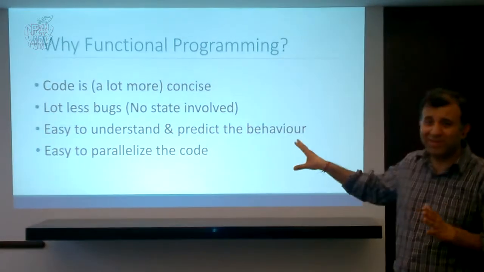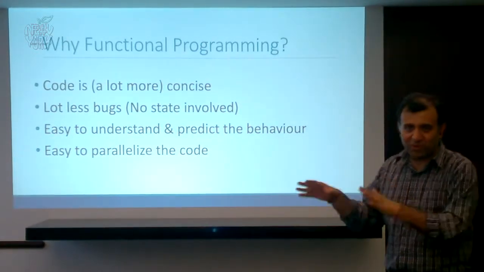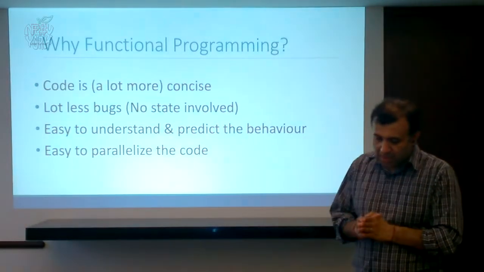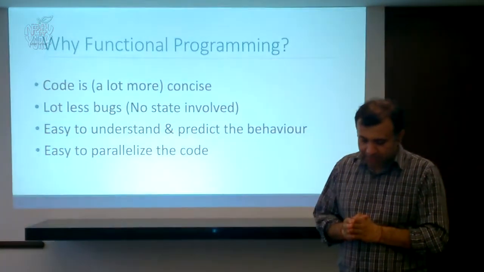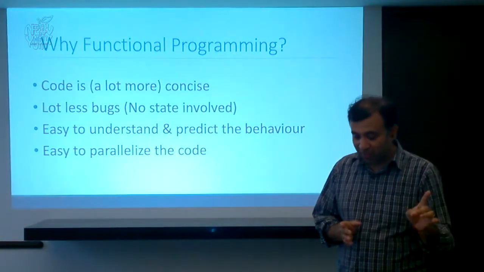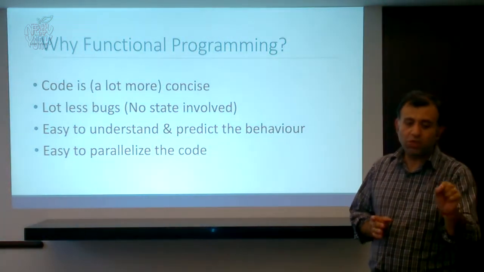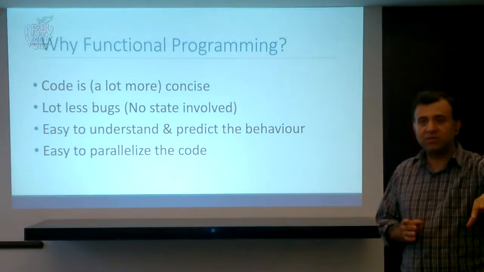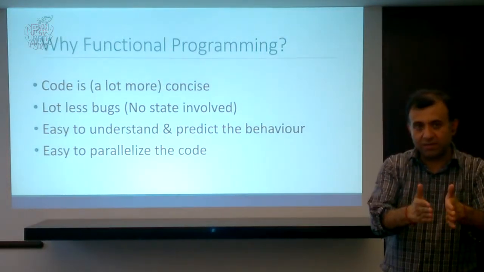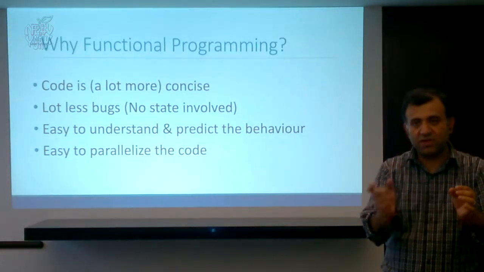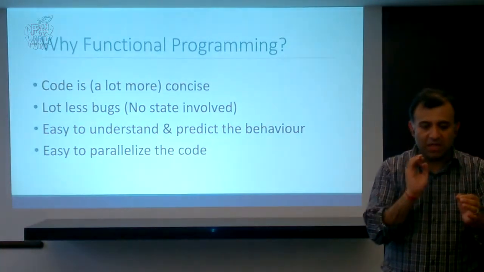All this might sound like abstract theory, but when we come to the code, it becomes a lot more clear. And last, but a very important point, it's very easy to parallelize the code. And the reason why you can do that comes back to this case, because you don't have state. Each function depends on its input only, right?